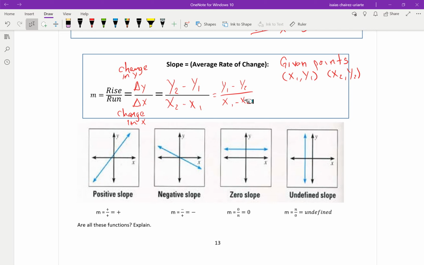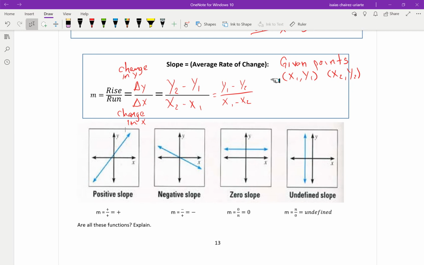Okay, so that's slope. And what does slope help us figure out? Well, as we said earlier, it helps us figure out the steepness of the line. How steep is the line? If you ignore the sign of the slope and just look at the number, if it's a really, really large number, like 722, then your line is very, very steep.